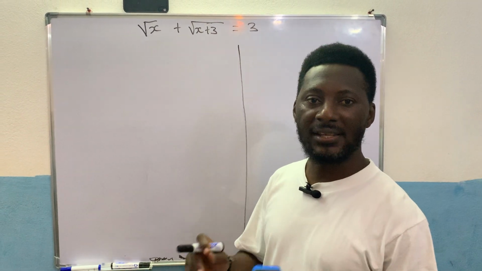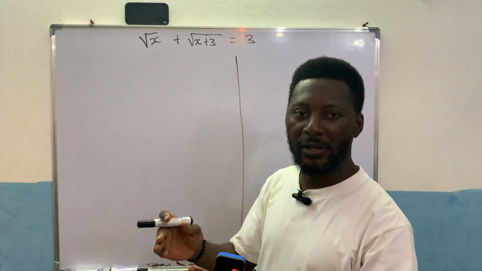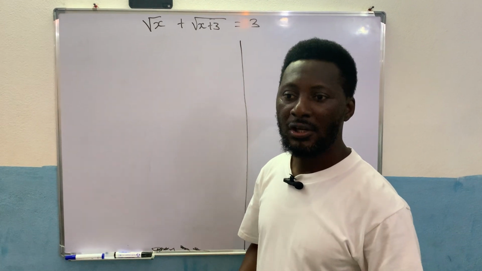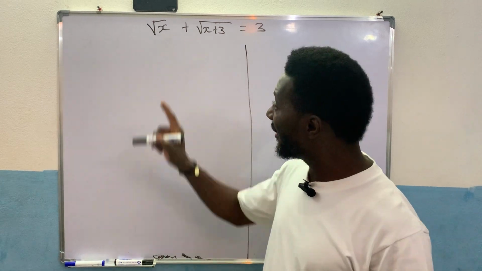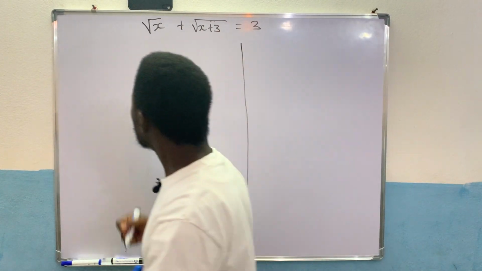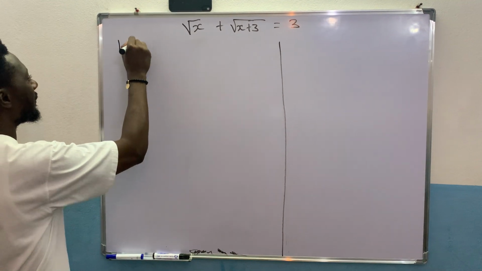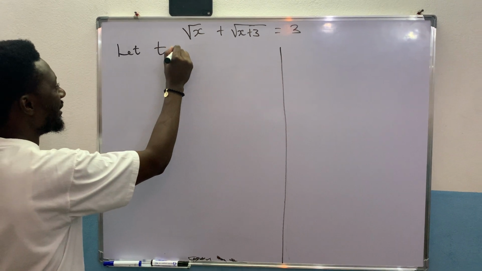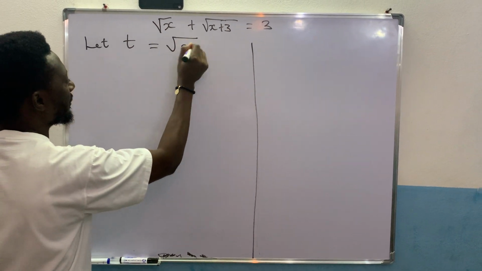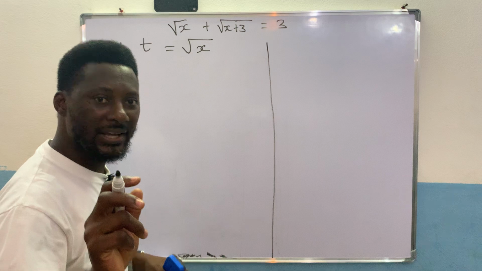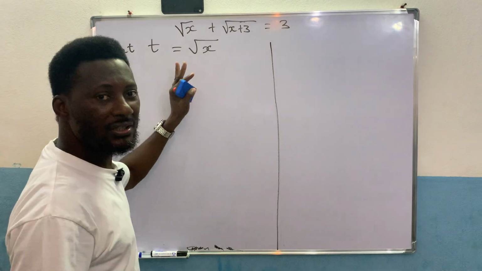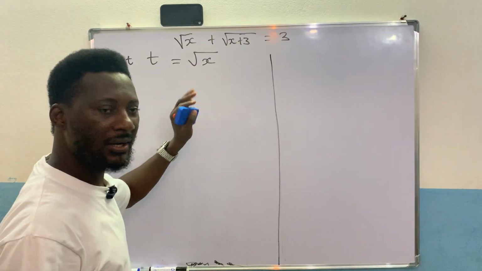The objective is very simple. You begin by saying let any variable be equal to that radical, because the idea is to eliminate this radical. So I will say let a variable t be equal to root x. Like I said, the method is to eliminate the radical.